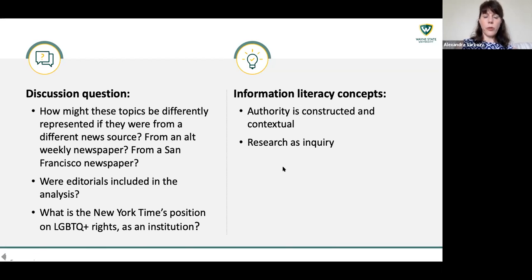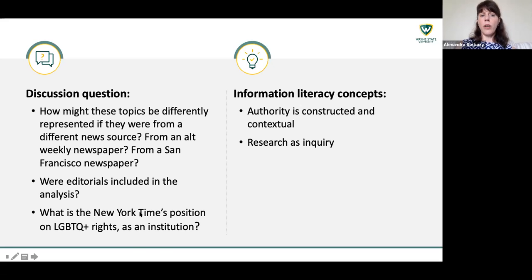In New York City, things were still pretty underground, and the New York Times is a very conventional mainstream media source. What if it was from an alt-weekly newspaper? How might the topics differ? Were editorials included in the analysis or not? How might that change the topics that we see?